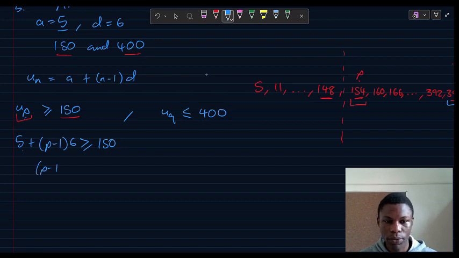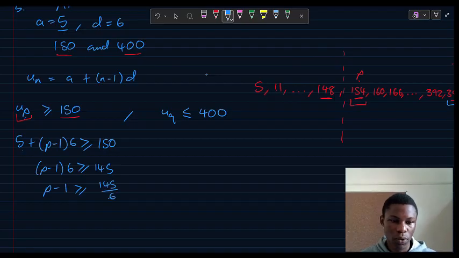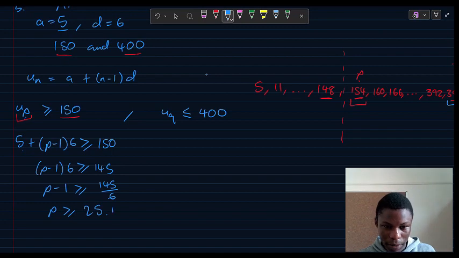I've got p minus 1 times 6 is greater or equal to 150 minus 5, that's 145. Divide both sides by 6. P minus 1 is greater or equal to 145 over 6. Add 1 to both sides, so P is greater than or equal to 145 over 6 plus 1, which is 25.1667.